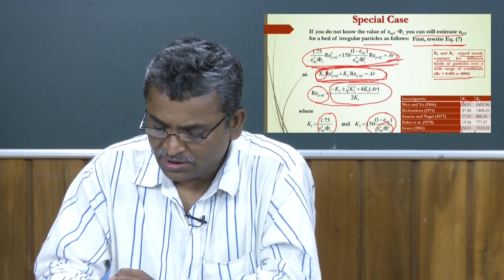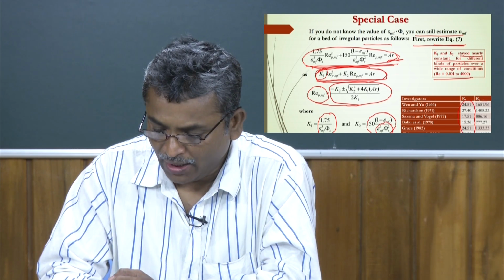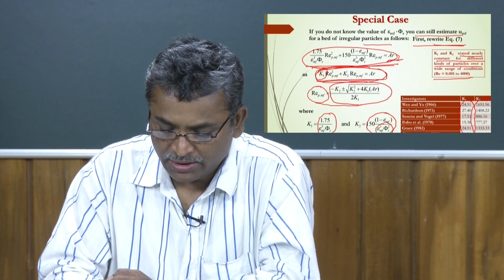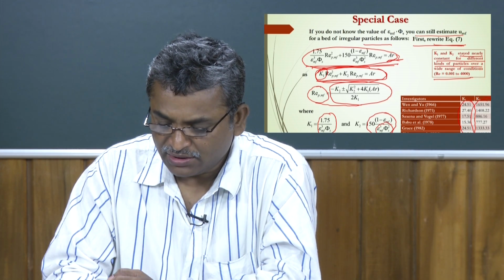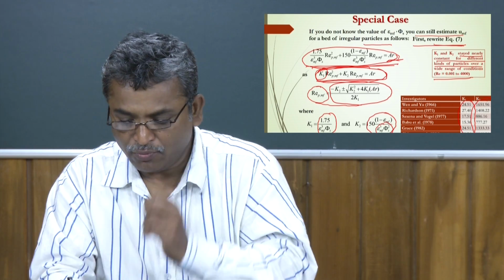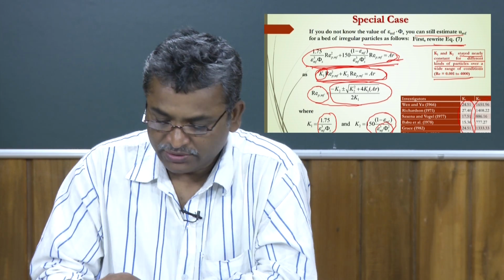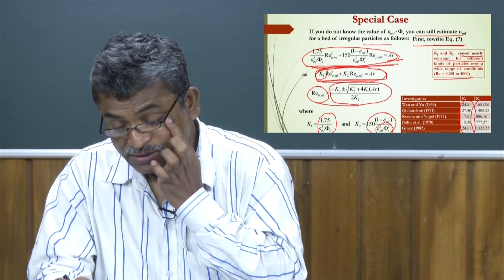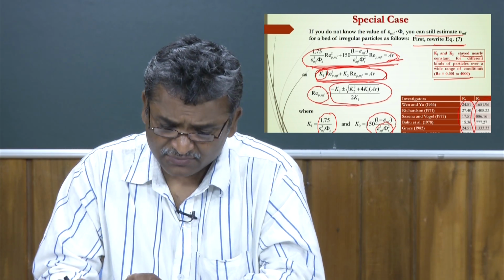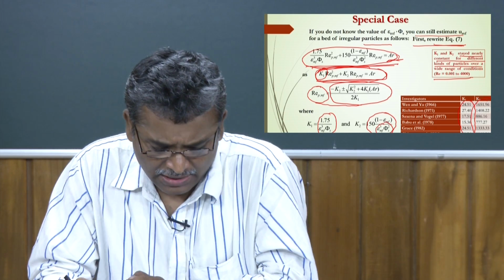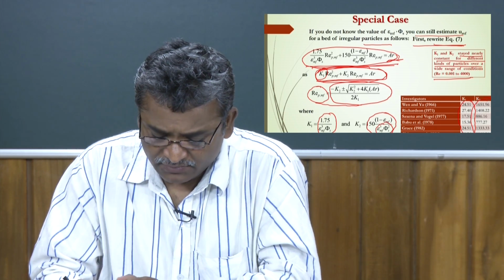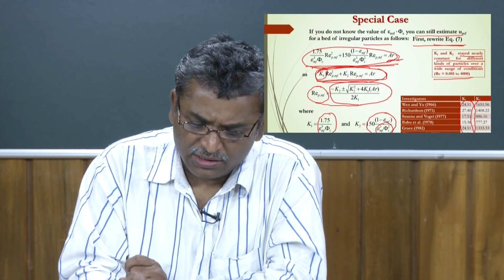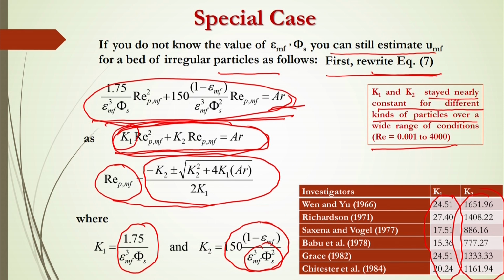Now, different investigators got different K1 and K2 values here. These are actually experimental data, obtained from experiments. Whatever K1 and K2 come from this equation, they depend on epsilon mf and phi s.